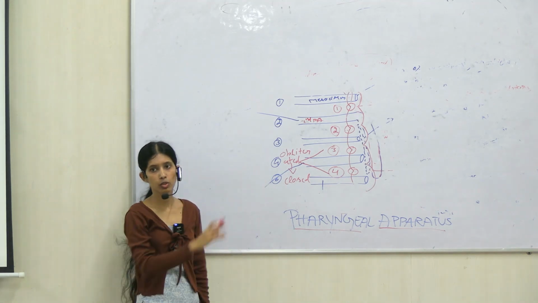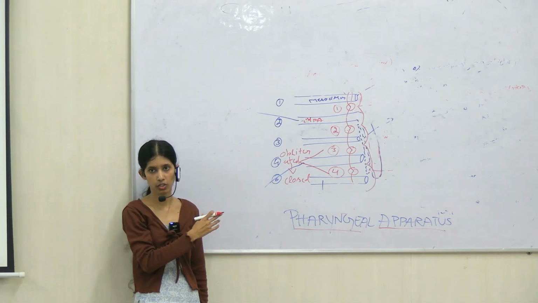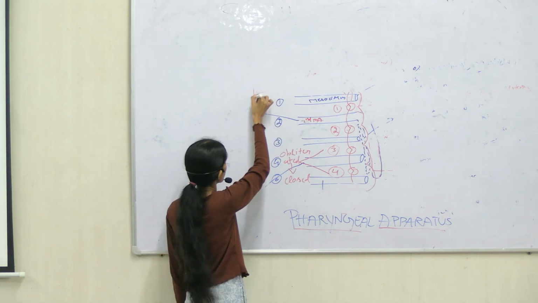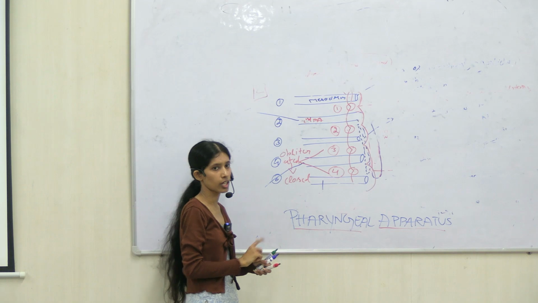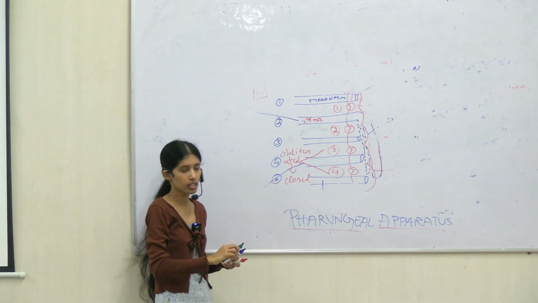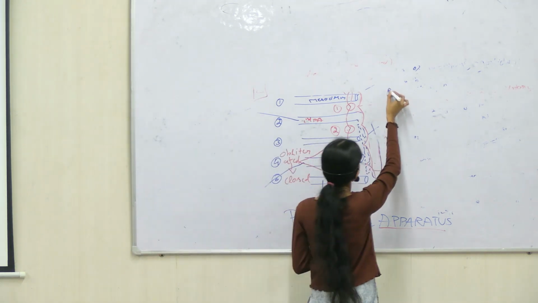So remember, this is only the one side structure. I can say this is the left side structure. In the same way, the 6 pharyngeal arches are also present on the right side.